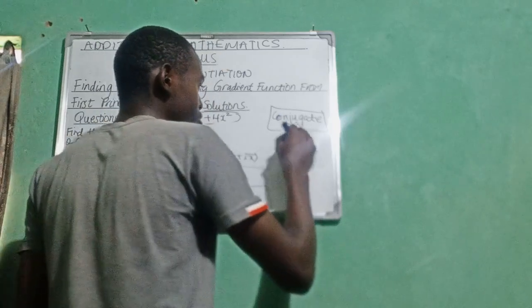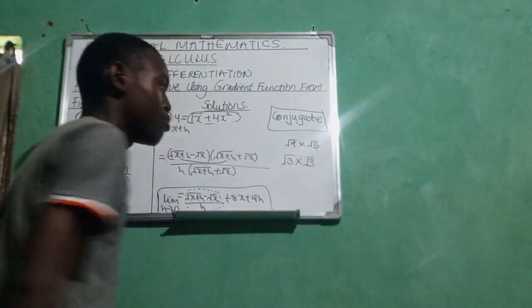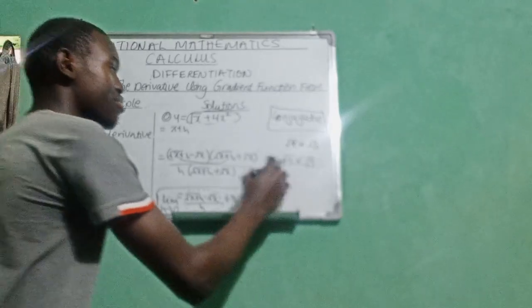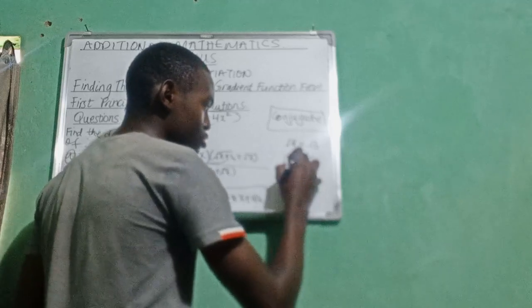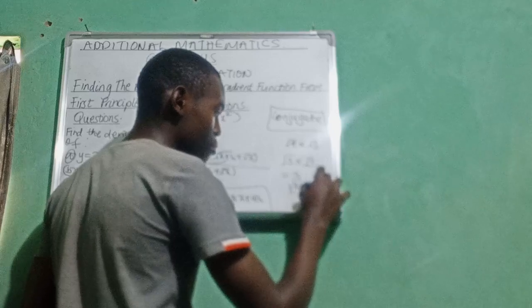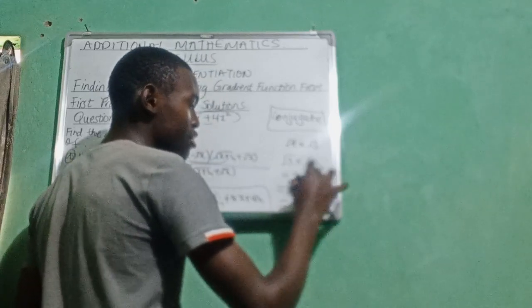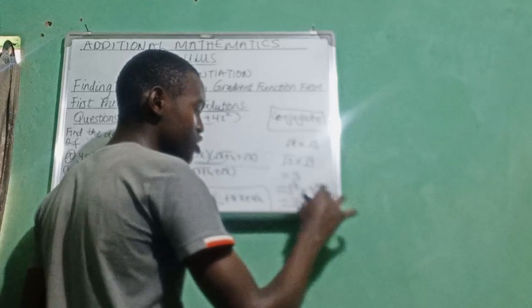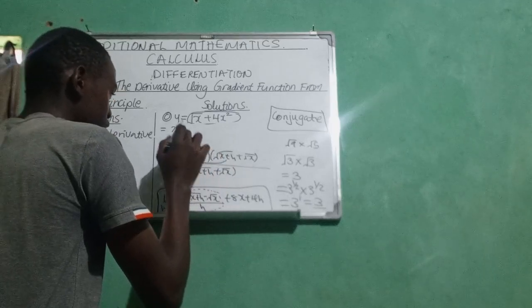You're not multiplying square root of 5 times square root of 9, that's different. But here they have the same number. The answer is 3, simply because square root of 3 means 3 to the power 1 over 2 multiplied by 3 to the power 1 over 2. When the bases are the same, you add the fractions, which gives you 1, so 3. This is why I'm saying square root of x plus h multiplied by square root of x plus h is just x plus h.